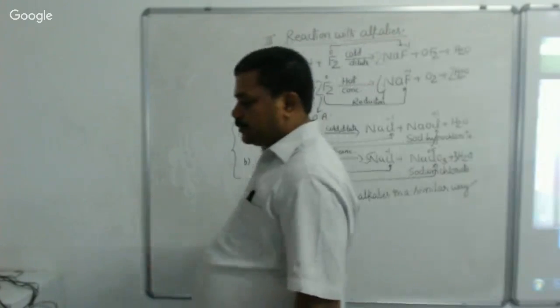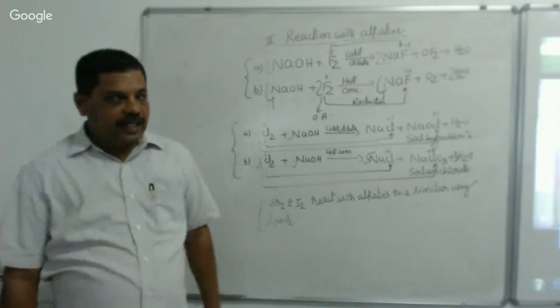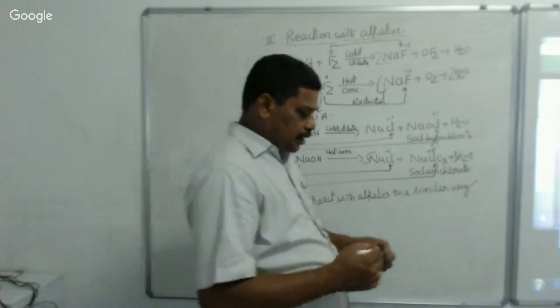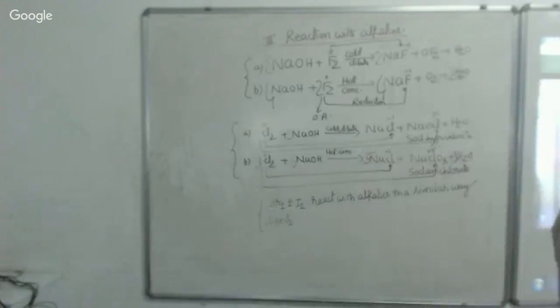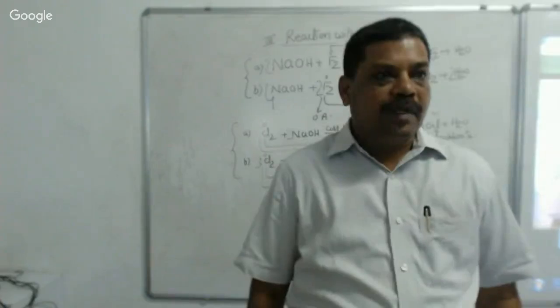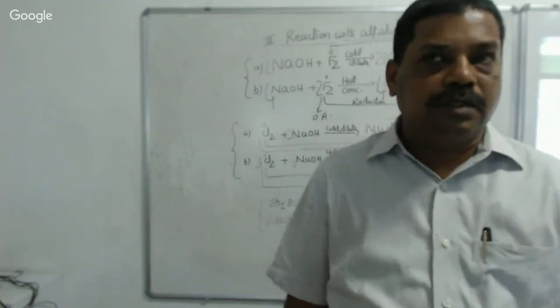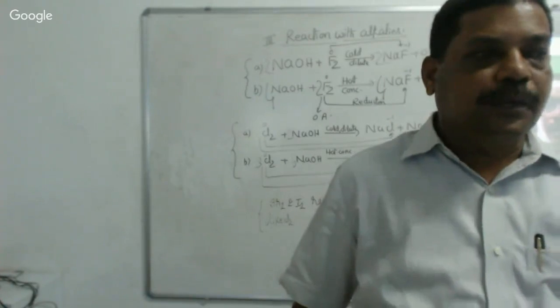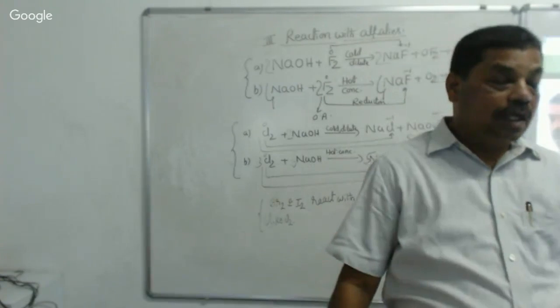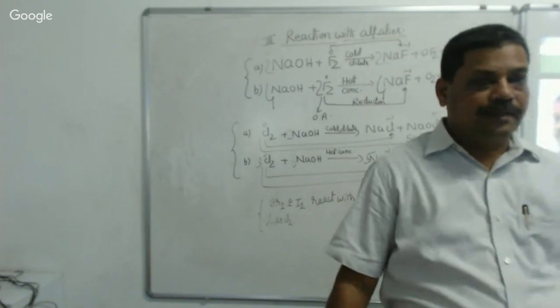Suppose it is iodine: with alkali in hot concentrated condition, we get sodium iodide and sodium iodate. This means iodine and bromine also undergo disproportionation, like chlorine.